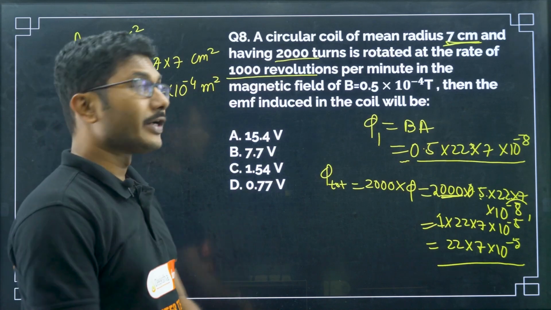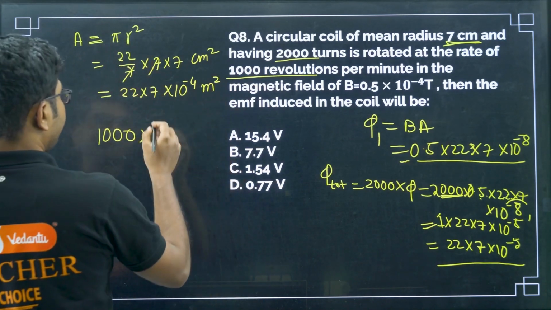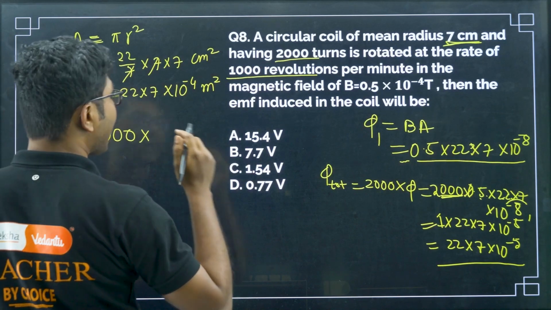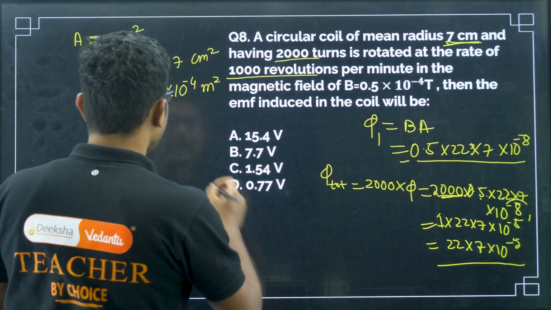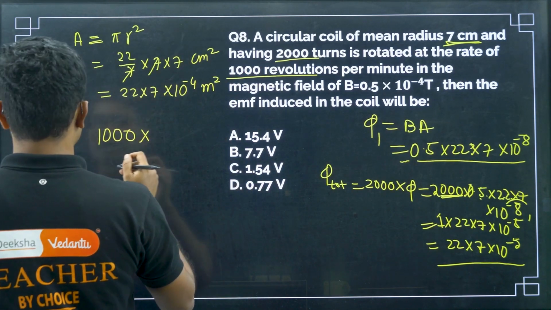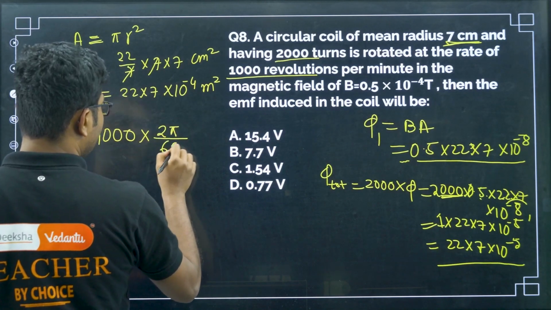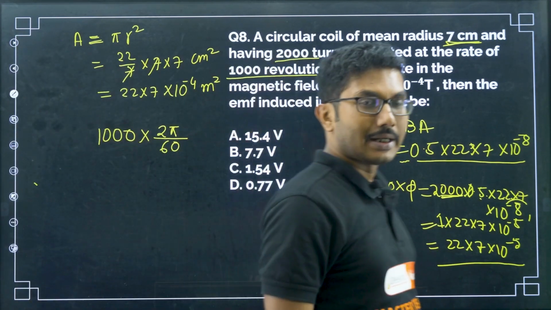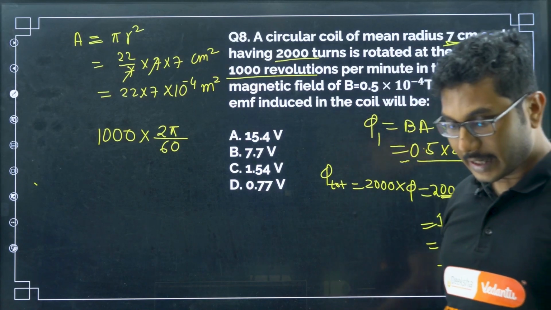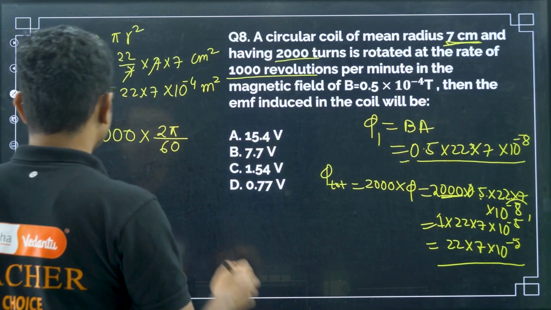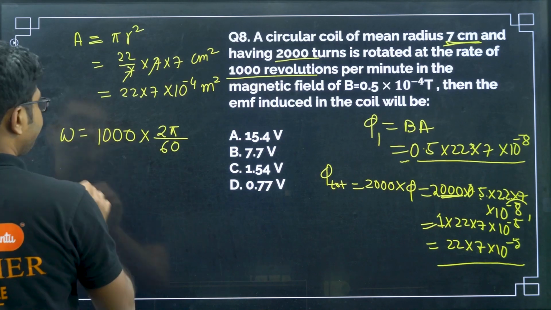So, we have to convert it into radian per second, right. To convert it into radian per second, we have to do 2 pi by 60. 2 pi by 60 is the multiplicative factor that you have to apply to convert it into radian per second. So, this is our angular velocity.